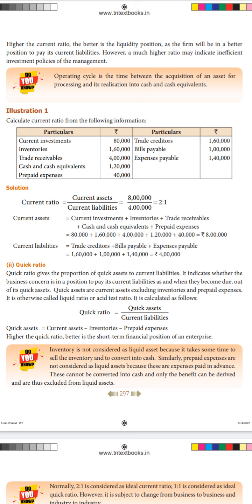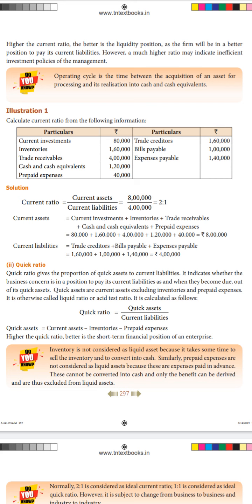So whatever quick assets they have, like cash in hand, cash at bank, then trade receivables, that is bills receivable or sundry debtors, and any short-term loans and advances which we have given. Keeping all these in hand, if we are able to pay off whatever we have got from the outsiders, then we call it the quick ratio, that is based on the quick assets.